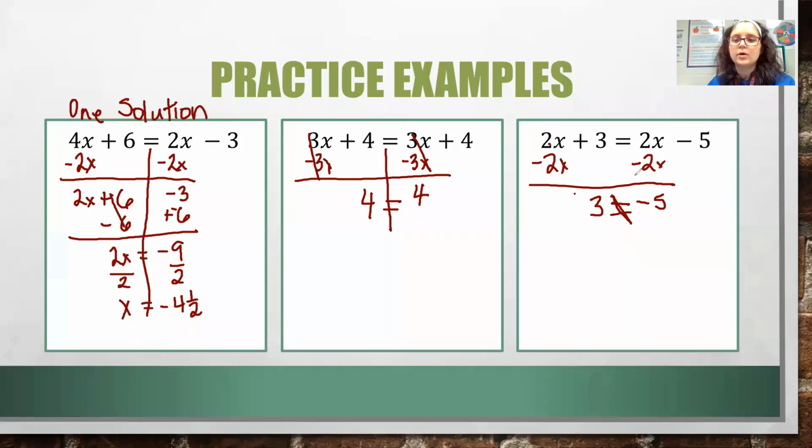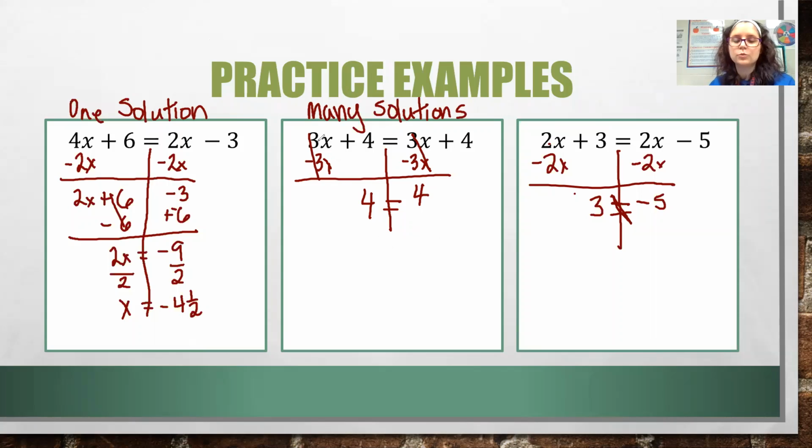So let's talk about what these last two mean. When you end up with a true statement with no variables, because they've canceled each other out, this is what we call many solutions. Any number I use for x will work down to something equals the same thing.